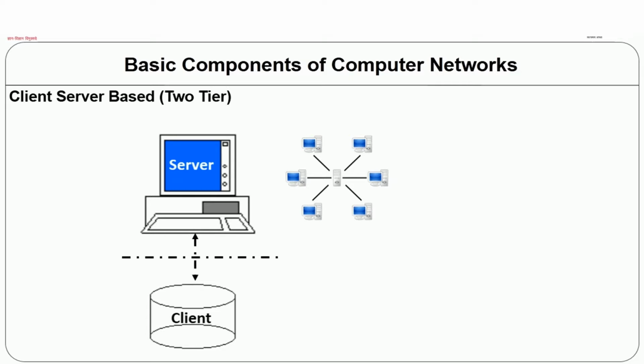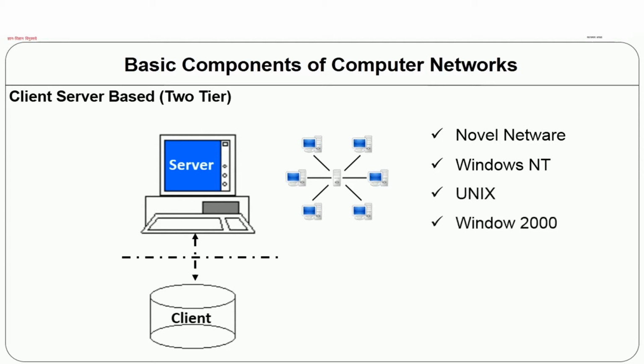They access resources on the server. The network operating system allows multiple users to simultaneously share the same resources irrespective of physical location. Examples of server-based networking software are Novell NetWare, Windows NT, Unix, Windows 2000, etc.